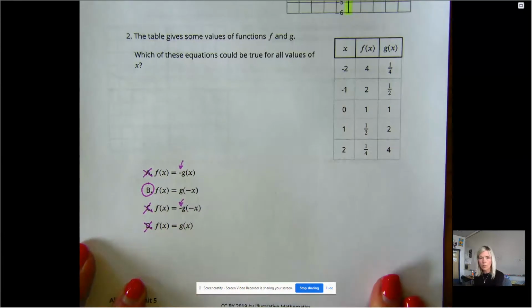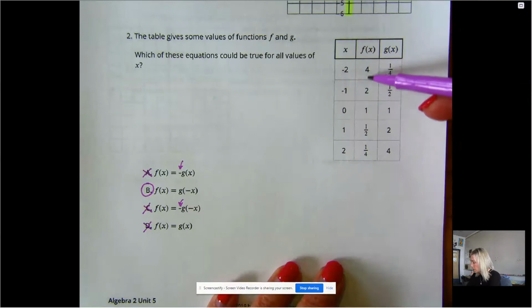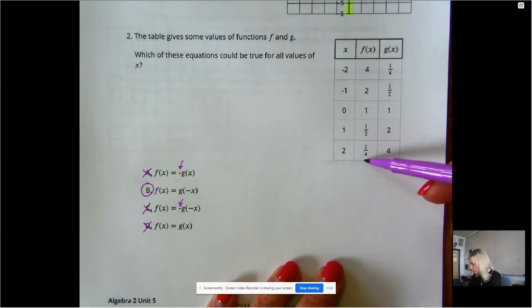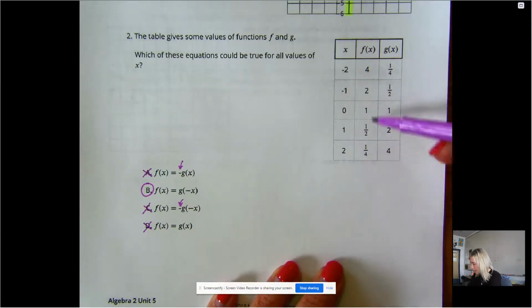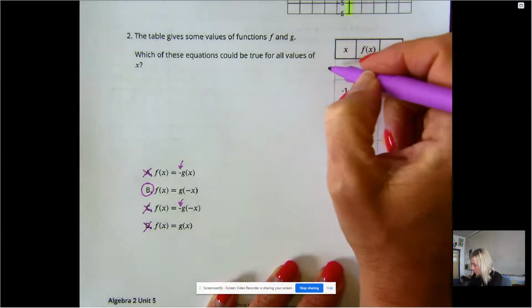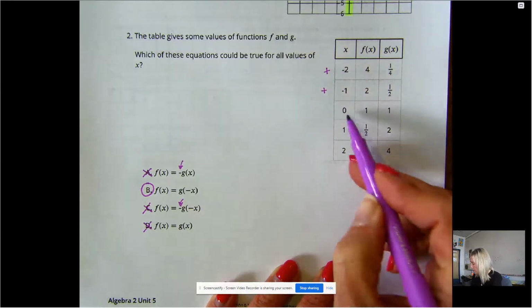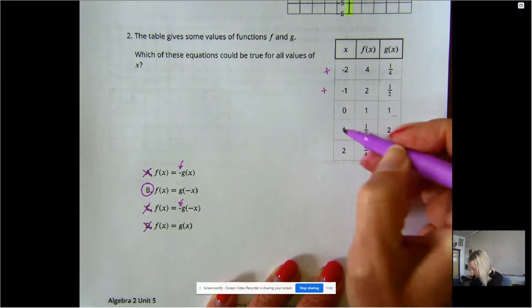But if we want to take that a little bit further and think about it, this is exponential decay, right? It's like multiplying by a half, whereas this is exponential growth. And so what would make that change from decay to growth is if this was a positive 2 and this was a positive 1. The 0 is the same.